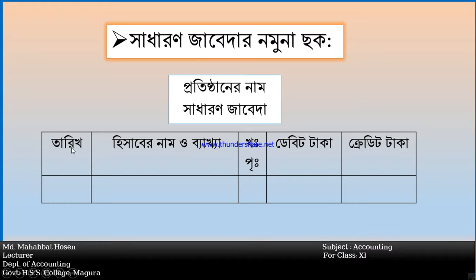Number 1, date; names of account and explanation; ledger page; debit amount taka; and credit amount taka. This is the general format, the format of the books of journal.